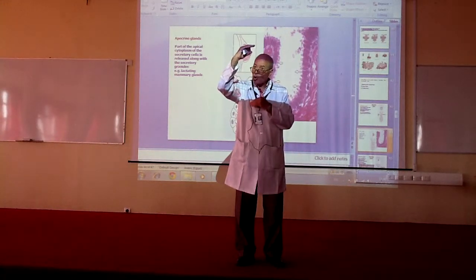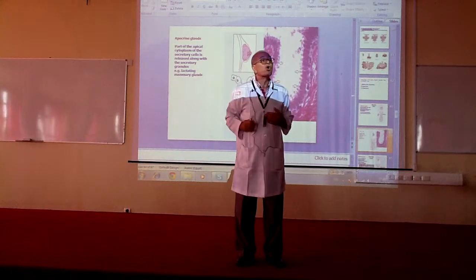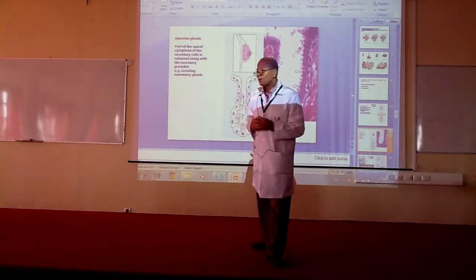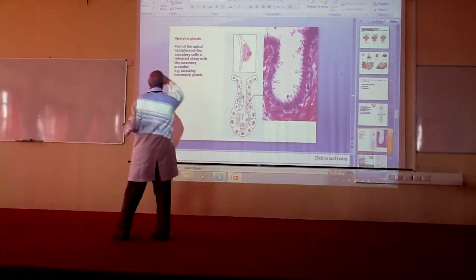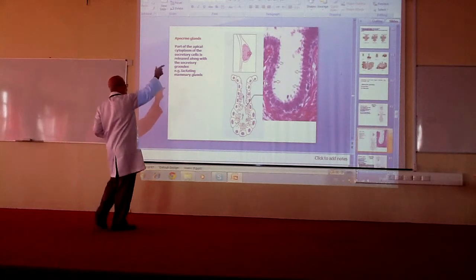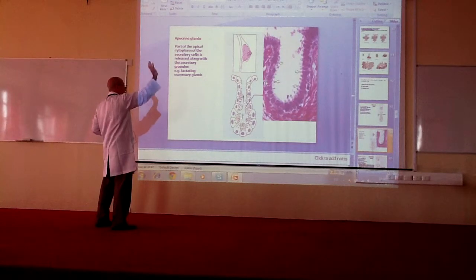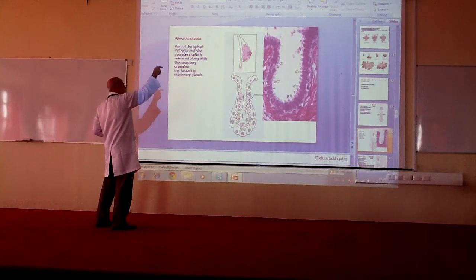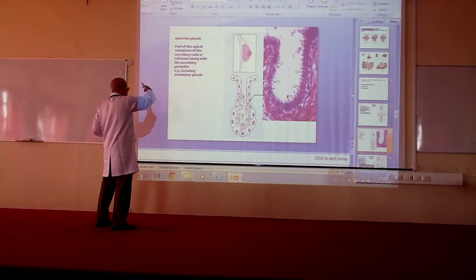Apo is related to apex. Apocrine secretion. In apocrine glands, part of the apical cytoplasm of the secretory cells is released together with the secretory granules, e.g. lactating mammary gland.